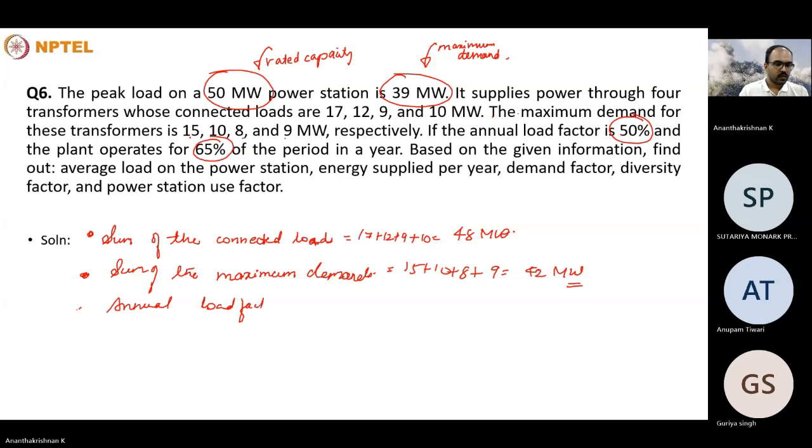Load factor equal to 0.5. The first part of the problem, we have to determine the average load on the power station. Average load on the power station.